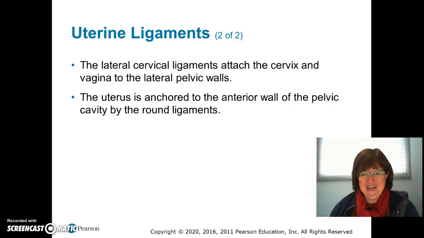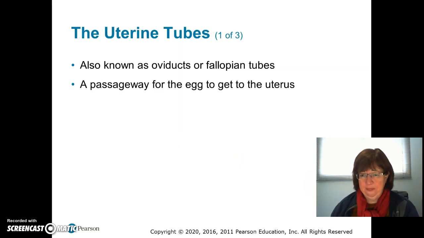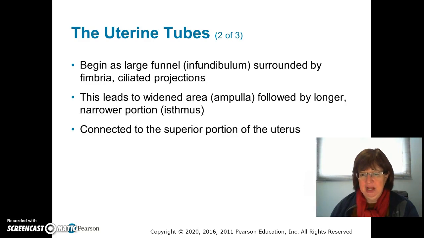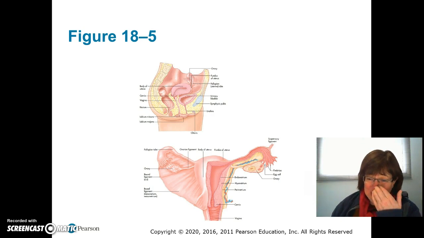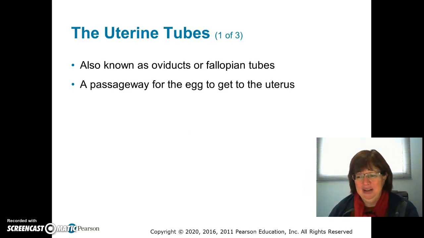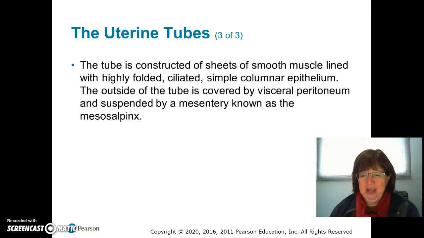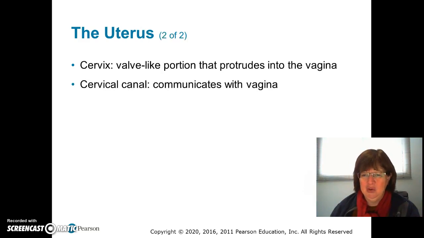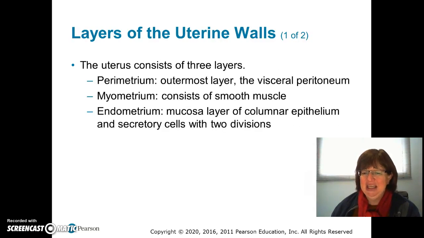If we look at the internal genitalia, first off, the uterine tubes look like long tubes, and they can be long depending on the organism. They will join with the uterus. The uterus is in the abdomen and has three layers.